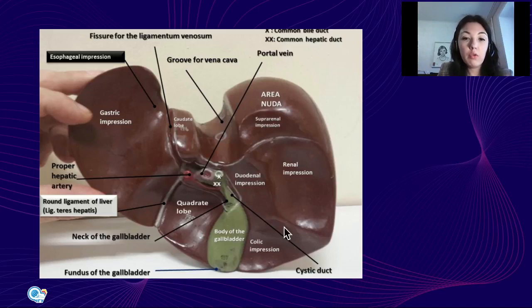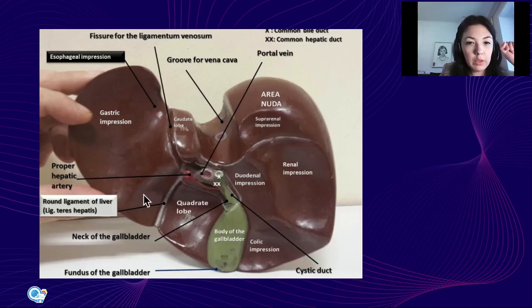So on the visceral surface of the liver, there are very many impressions of other organs. We actually have already said a few words about it. In the left lobe of the liver, there is a gastric impression for the cardiac part of the stomach, and there is also an esophageal impression for the abdominal part of the esophagus.